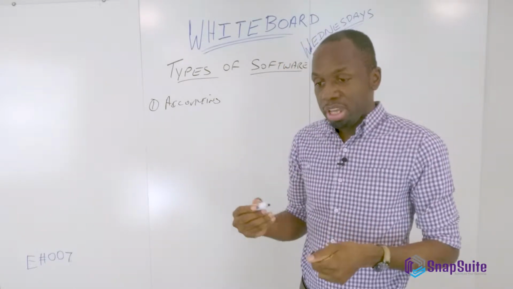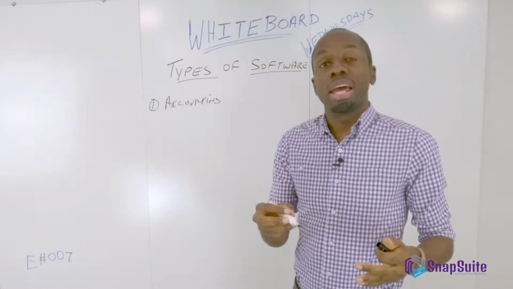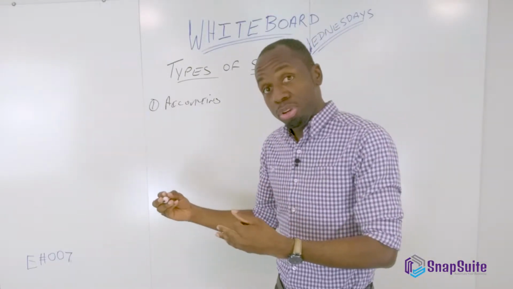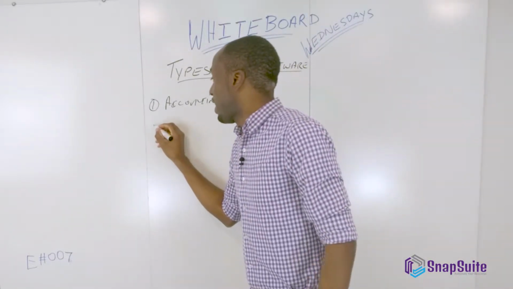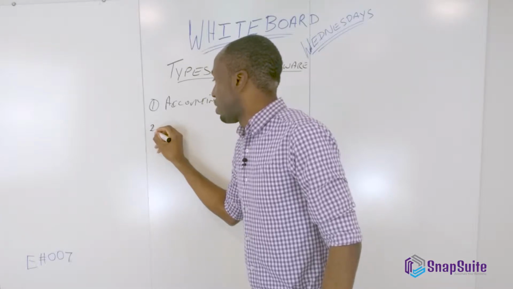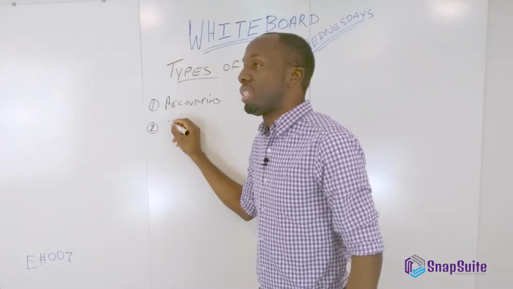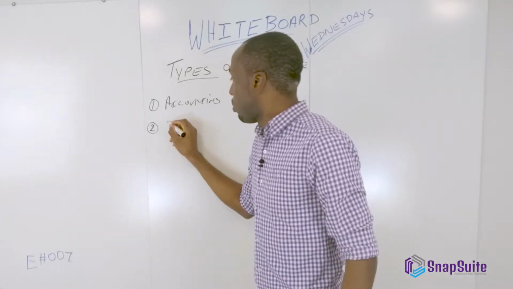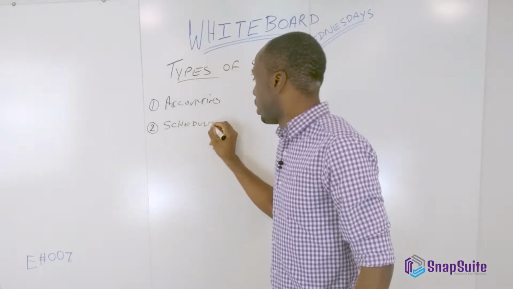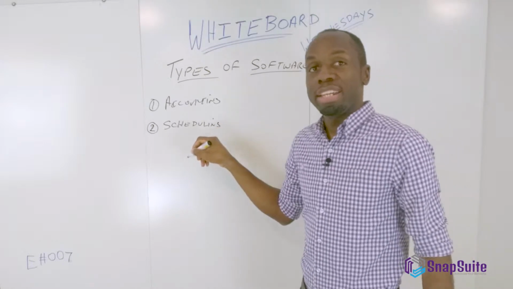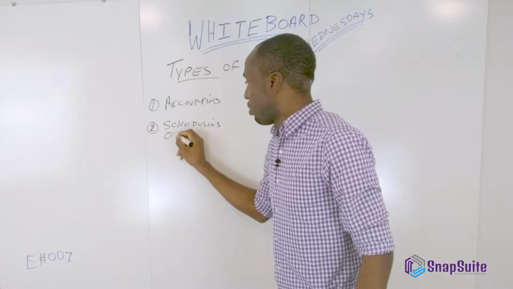But the other type of software that is more along the lines of what we're discussing in terms of operational efficiency and business automation, and again, this is a big broad bucket category here, we'll call scheduling and operations.